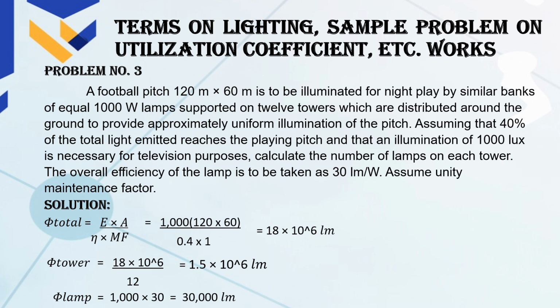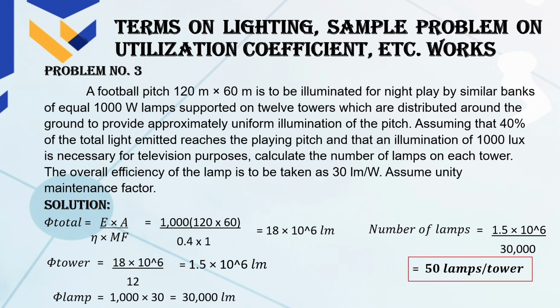And then mo na to sa formula in order to get number of lamps, atong answer sa luminous flux tower i-divide nato sa luminous flux lamp. So it will be 1.5 by 10 raised to 6 divided by 30,000. So our answer will be 50 lamps or tower. So dapit-dapit ka dyan siya no, pero ang process sara ang nagkalahi-lahi.